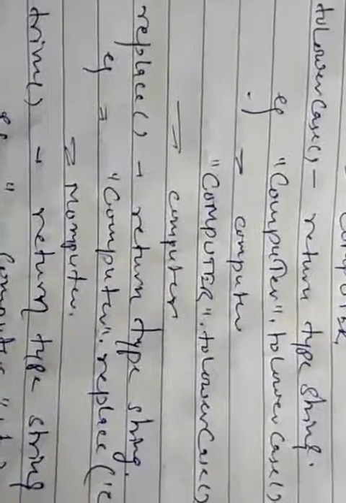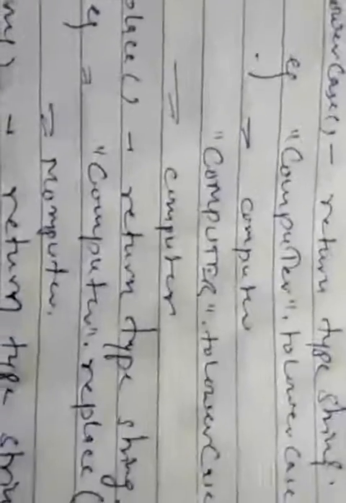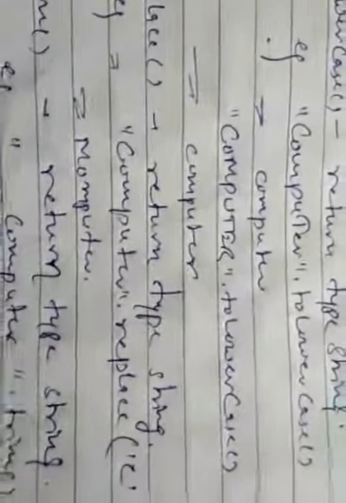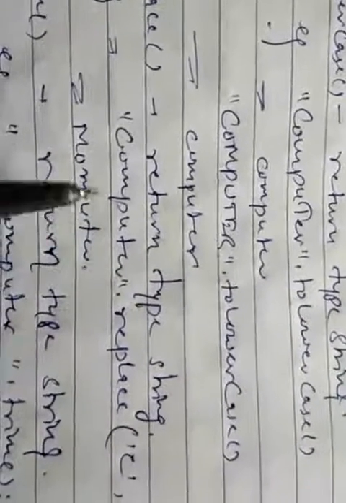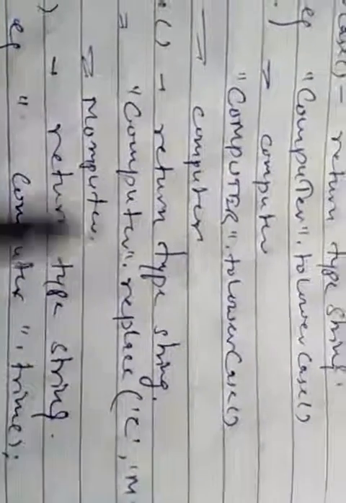Replace, the return type of this function is a string, and this will replace one character with another character in a string. So computer.replace, we will here replace c. This is the old character and this is the new character. After this we are getting the answer Momputer.